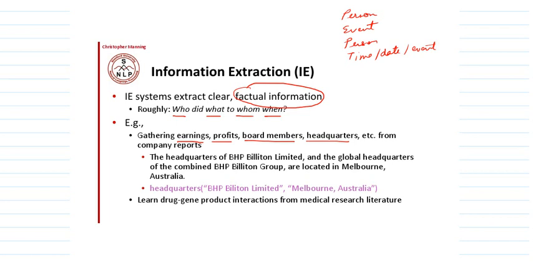For example, the headquarters of BHP Billiton Limited, so this is the organization for which reports have been generated. The global headquarters of the combined group is located in Melbourne, Australia. So this is the answer, a kind of tuple in which this is the organization and this is the headquarters, right?